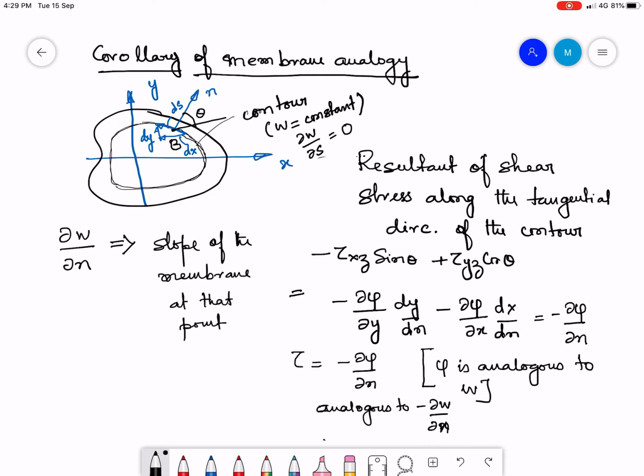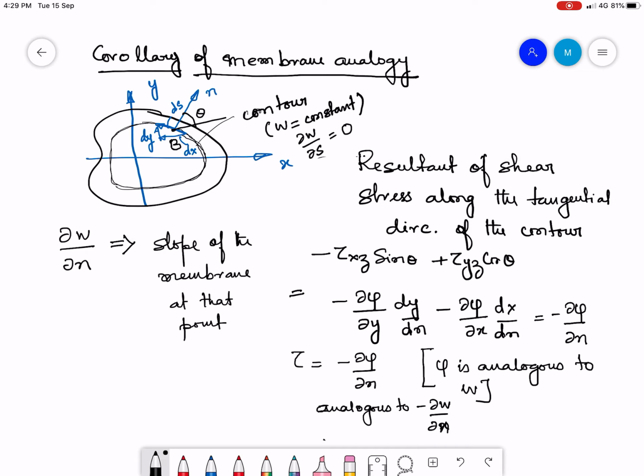Okay. That is a great ease in analyzing a shaft under torsion. If you do some more tutorial problems, which I will be posting soon, you will see that finding out the maximum value of the shear stress is a difficult task unless we use the membrane analogy to find it out.